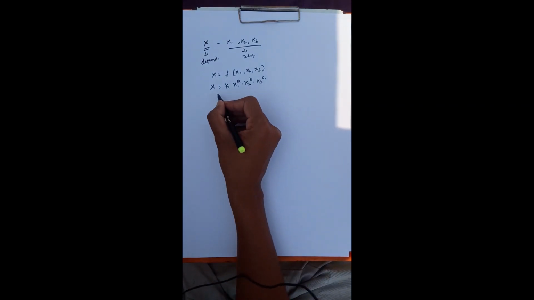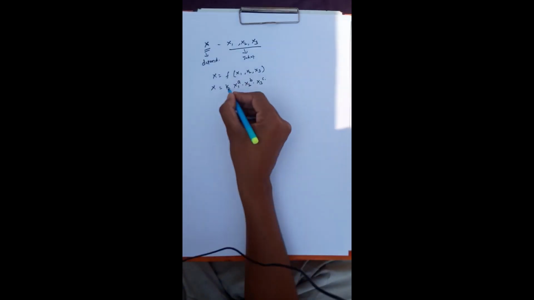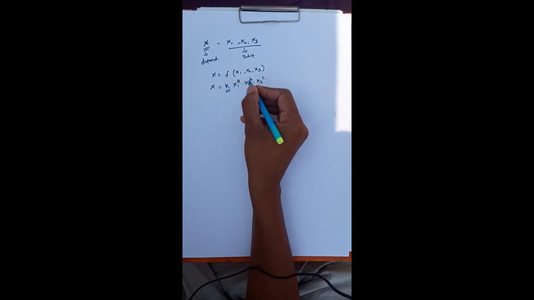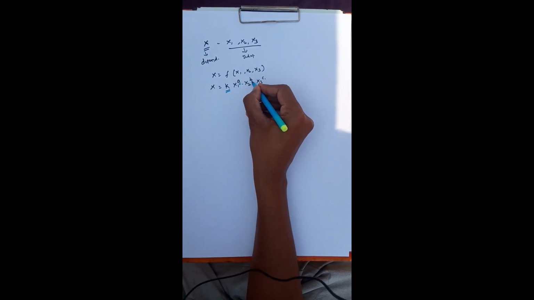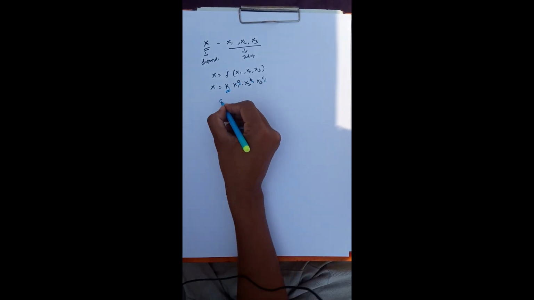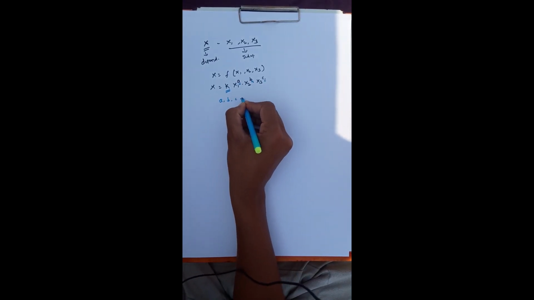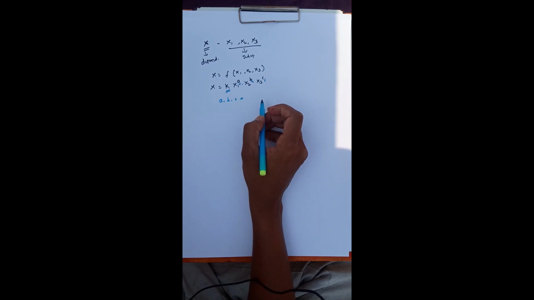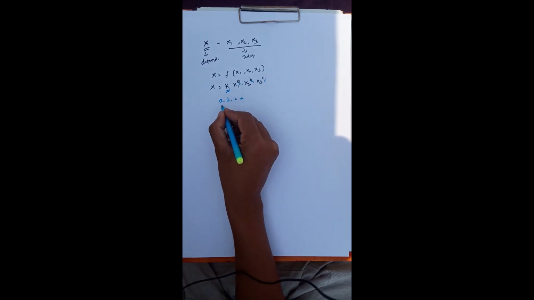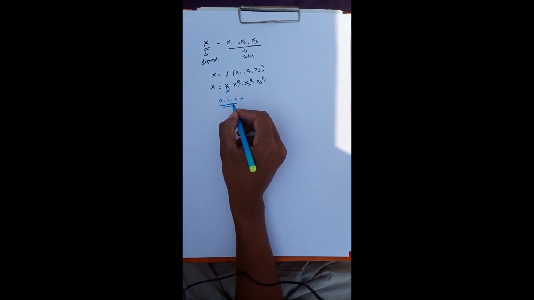Here the k term is called a constant, and a, b, c are called the arbitrary powers. The values of a, b, c are obtained by comparing the powers of fundamental dimensions on both sides.